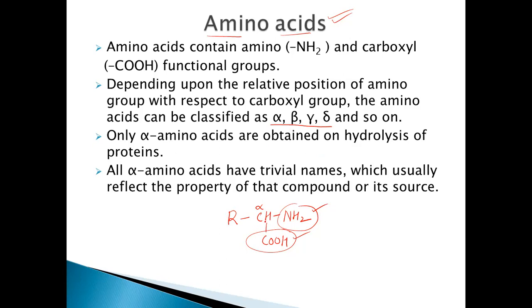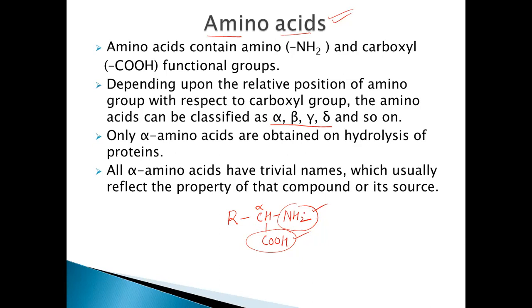If the amino group is at the alpha carbon, they are called alpha amino acids. If it is at the beta position with respect to COOH, they are beta amino acids, then gamma, delta, and so on.